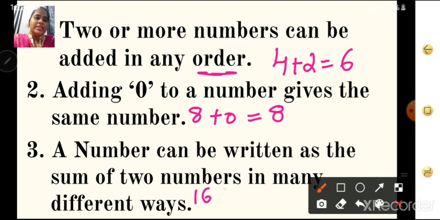For example, 16 can be written as 8 plus 8, correct? 8 plus 8 is 16. It can also be written as 10 plus 6. I will get 16, correct? So a number can be written as a sum of two numbers in many different ways. Got it, children?